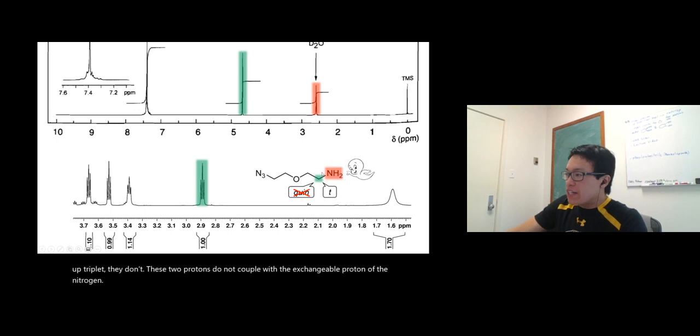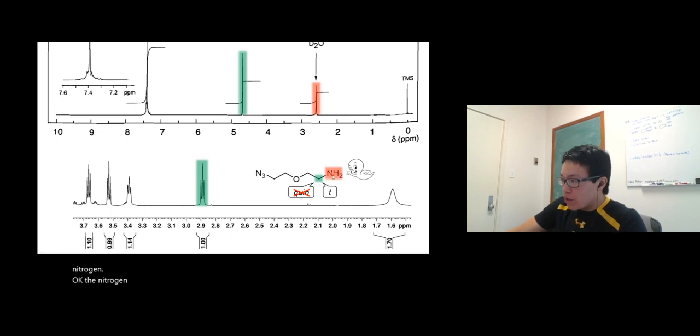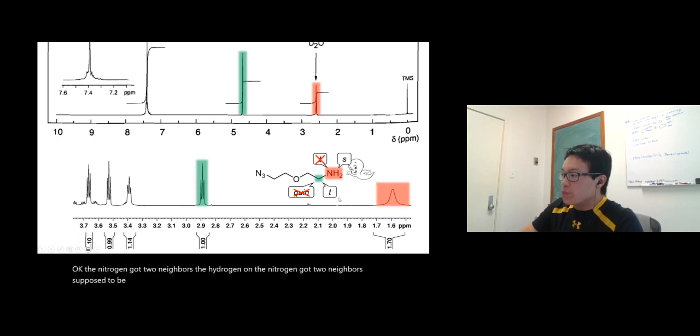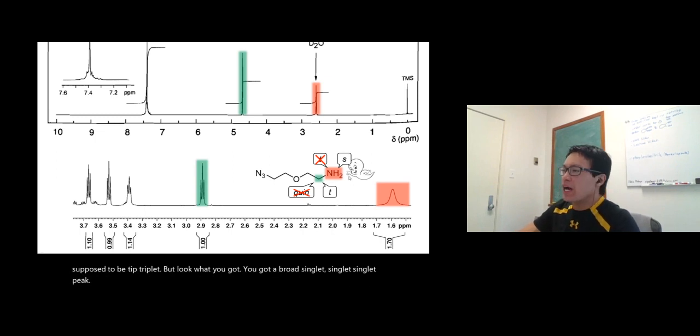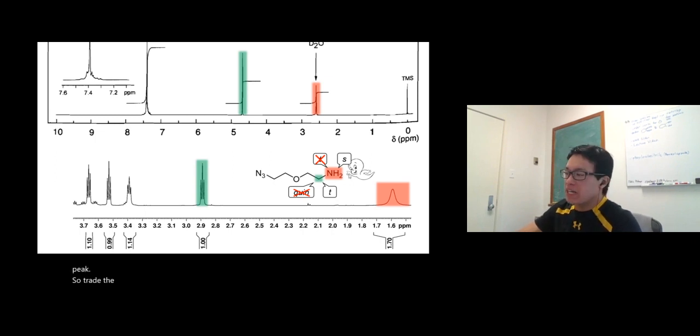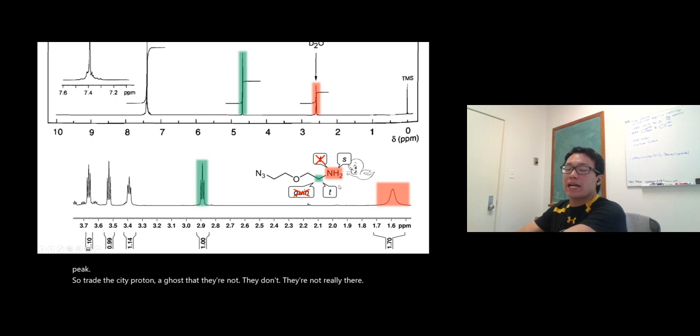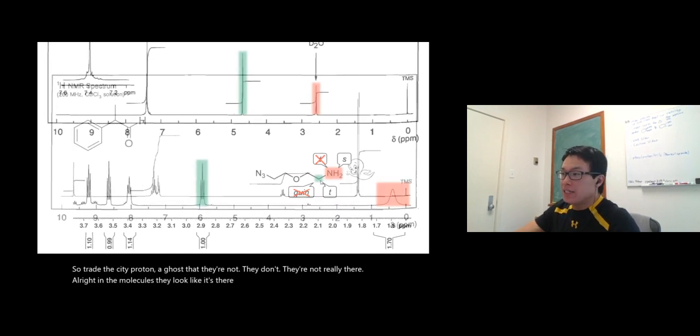The hydrogen on the nitrogen has two neighbors, supposed to be a triplet, but look what you got. You got a broad singlet peak. So treat the acidic proton like a ghost. They are not really there. In the molecule, it looks like it's there, but in solution, it's not really.